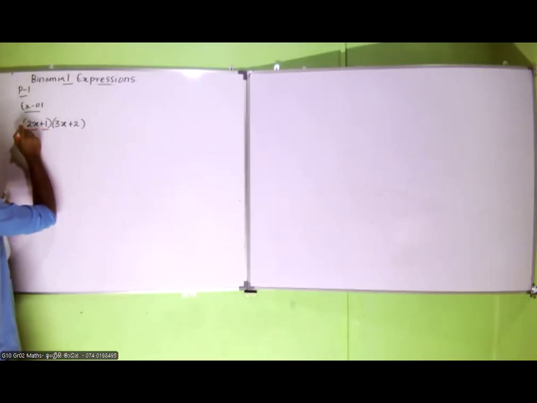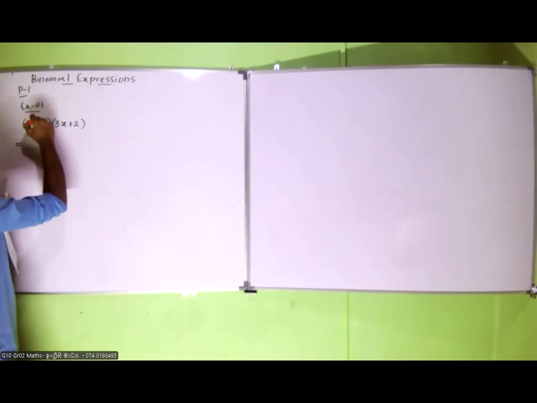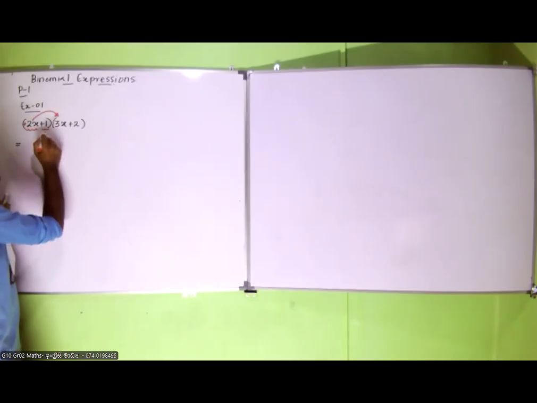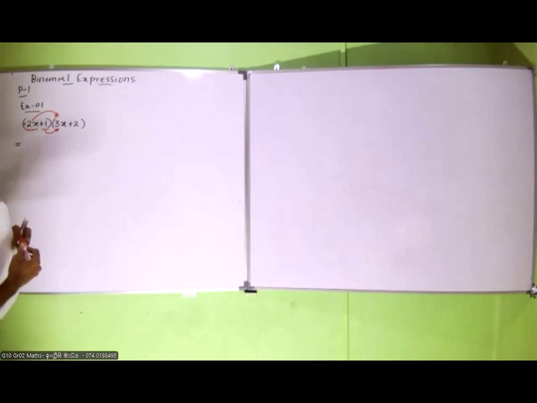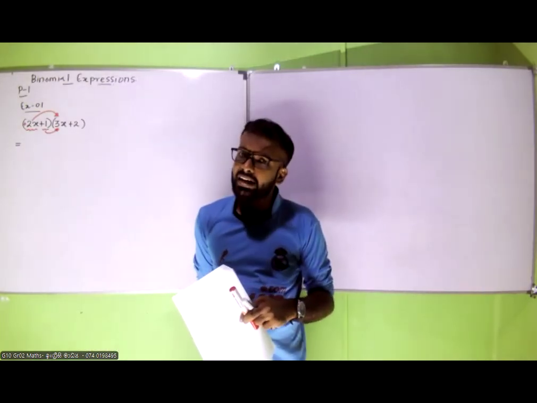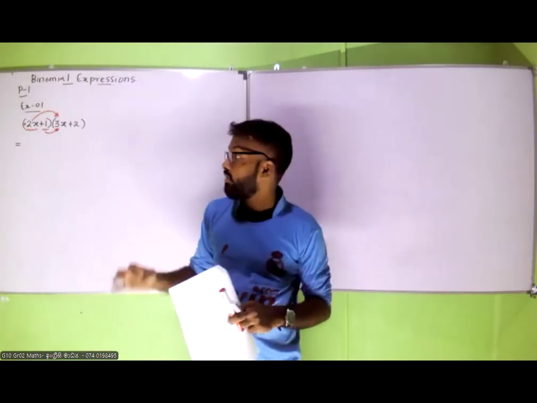This is positive 2x, and this is also positive 1. Using positive 2x, I am going to deal with my second parenthesis, and using this constant number 1, secondly I am going to deal with this. If I use the very basic knowledge from my grade 8 and grade 9, I can do this easily.